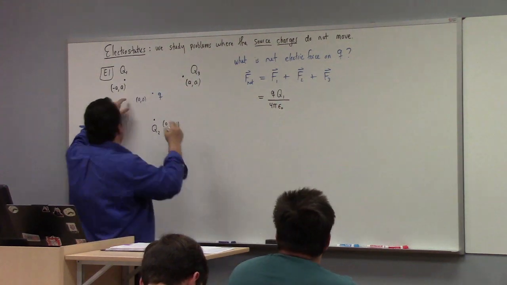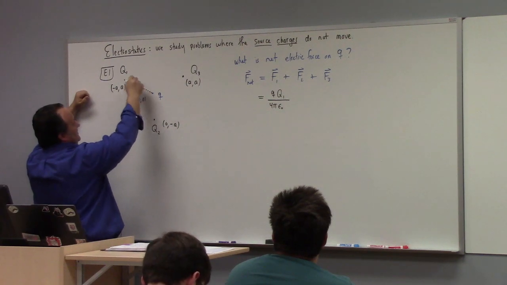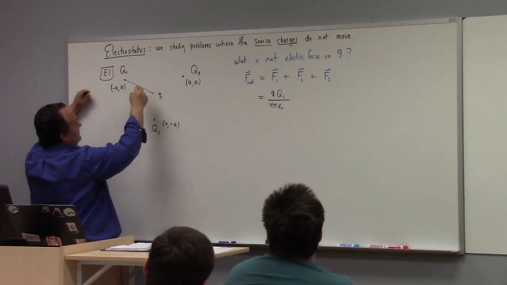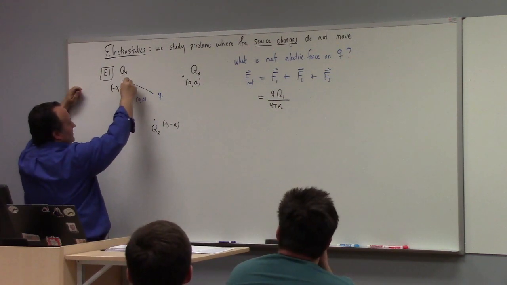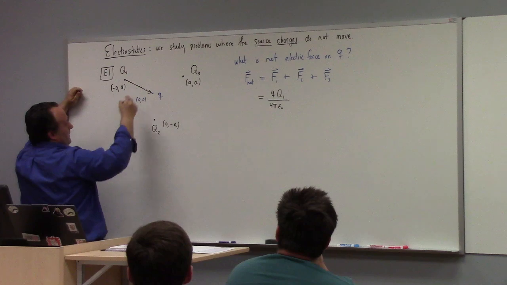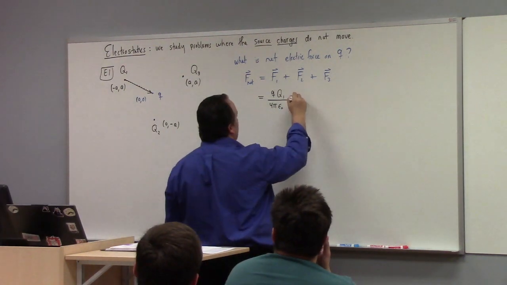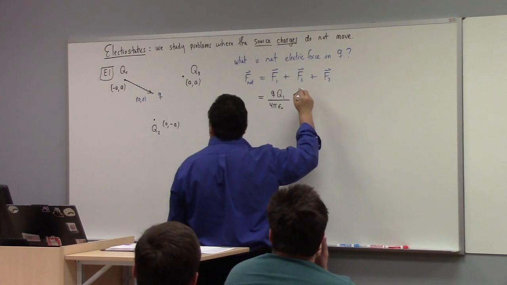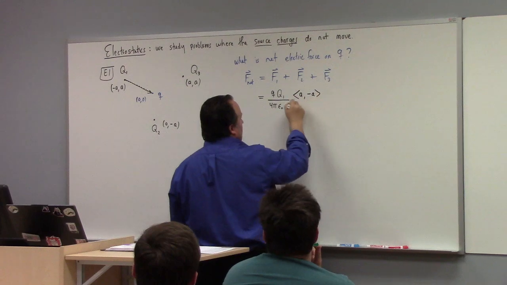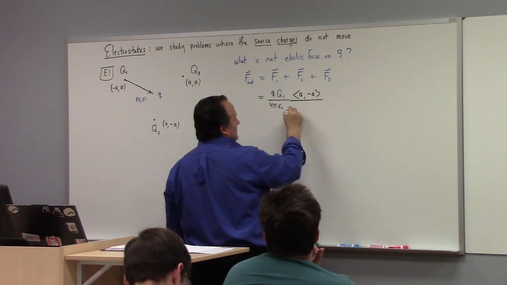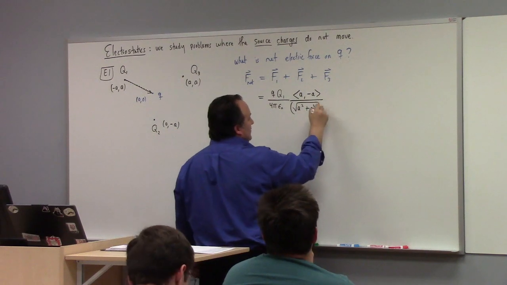What's this distance here? What's this displacement vector? So if I want to go from here to here, how about this? We could go a minus a divided by the square root of a squared plus a squared, cubed.